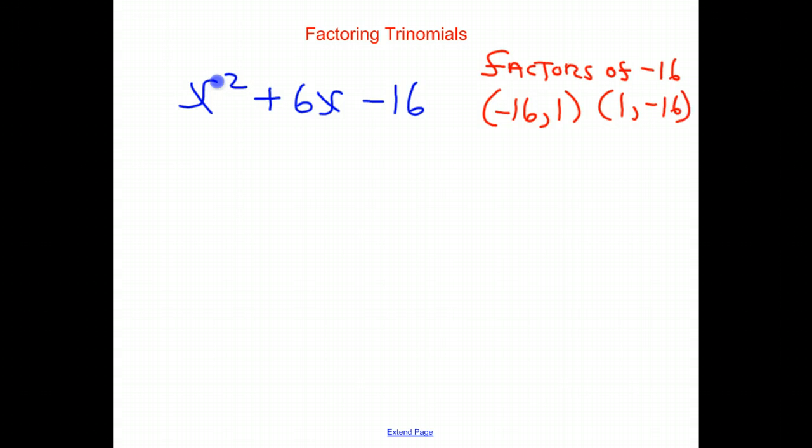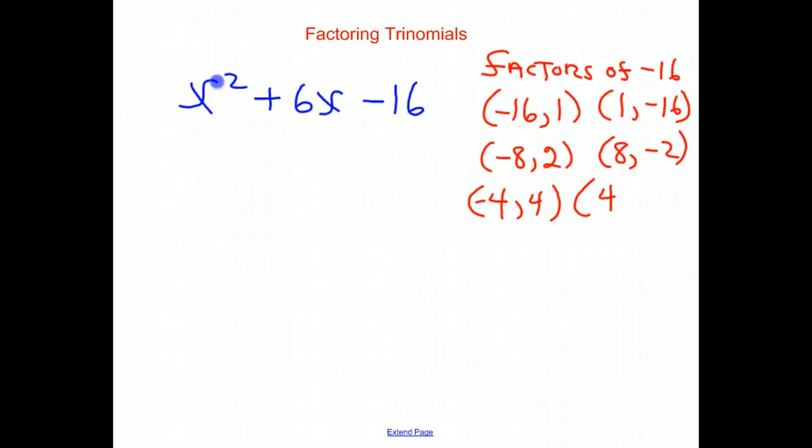We could have negative 8 and positive 2, or positive 8 and negative 2, and we could even have negative 4 and 4, or 4 and negative 4, these are really the same. And those are our choices.